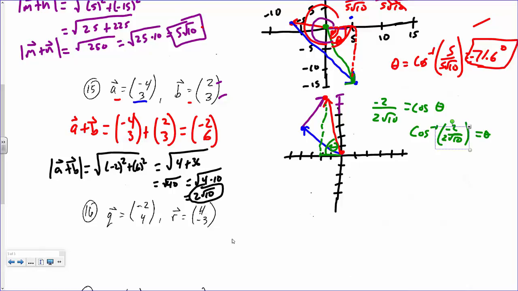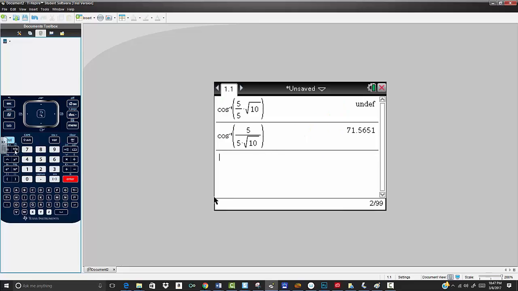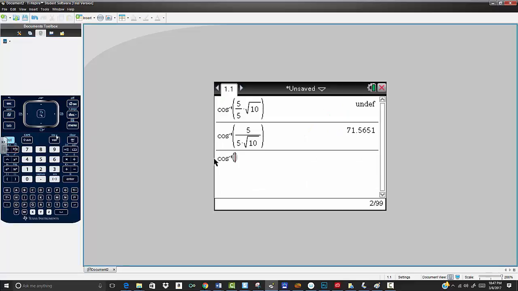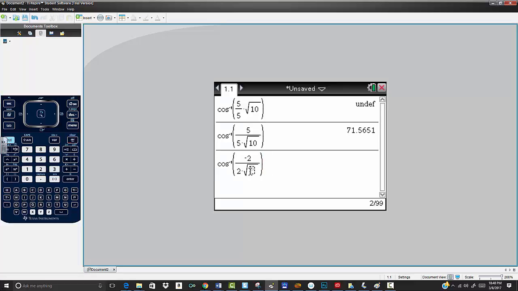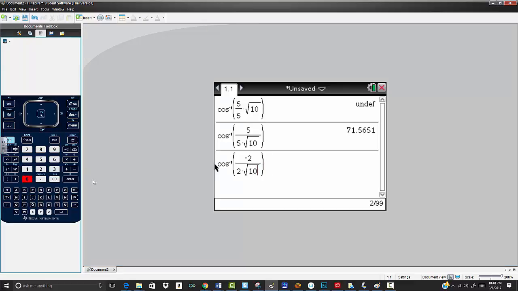So let's do this in a calculator. The cosine inverse of negative 2 over 2 times root 10. Always wants to jump out of that square root for some reason. And that'll be 108.435.